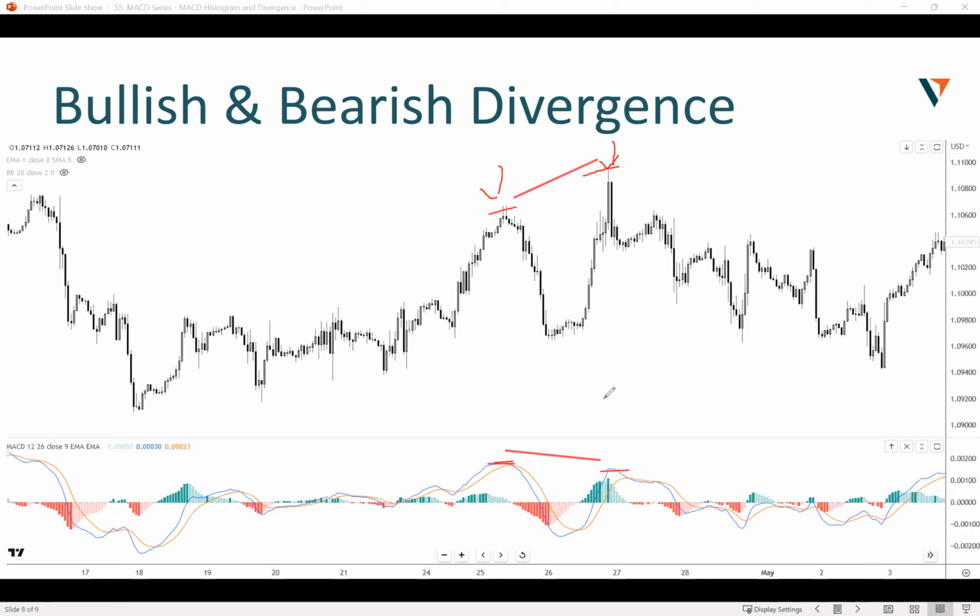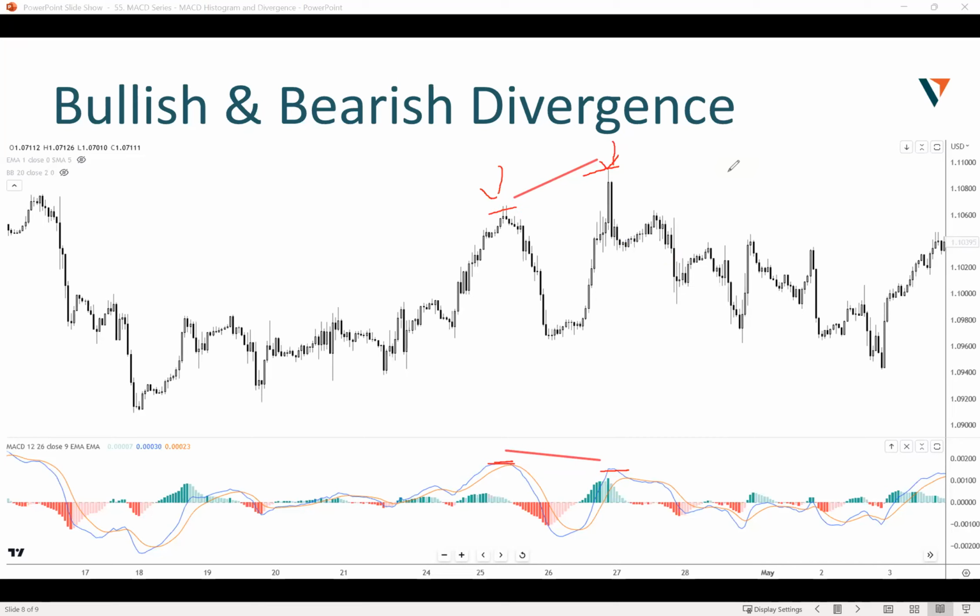Okay, so what this means is that it could indicate that buying pressure is weakening, and we could be seeing a potential reversal from here. If price starts breaking above this high, this can be a break in structure, and if it's a continued uptrend, we should see price pull back and continue to the upside.